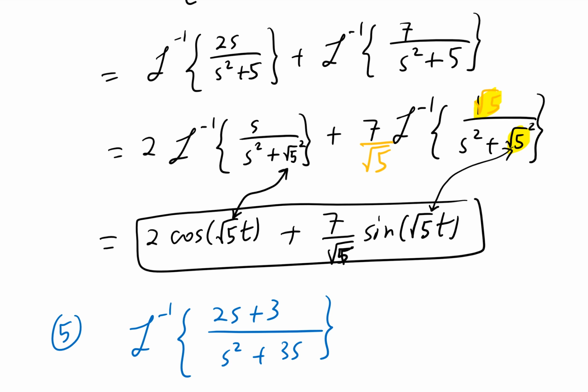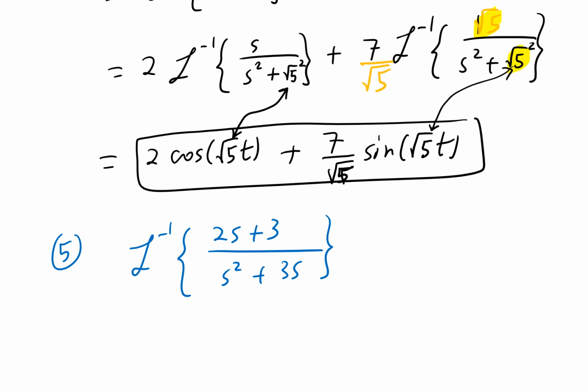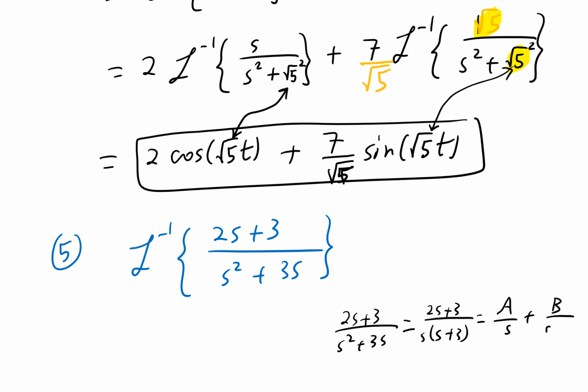So what we have to do in this case is use partial fraction decomposition. I'm going to take this function and decompose it into a sum or difference of more than one fraction. This one can be factored as s times s plus 3. And if you remember, it's a over s plus b over s plus 3.